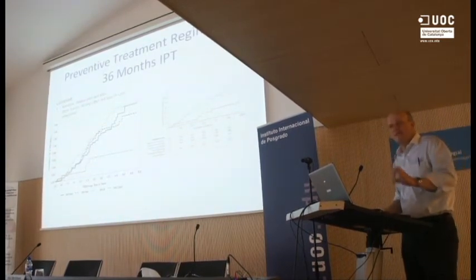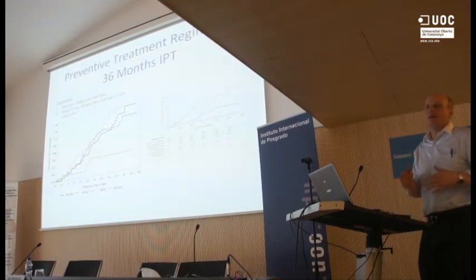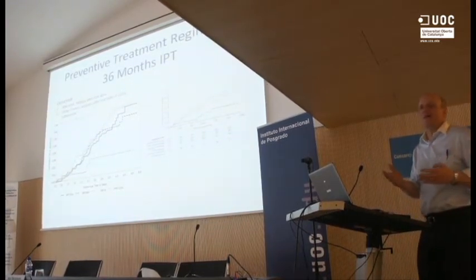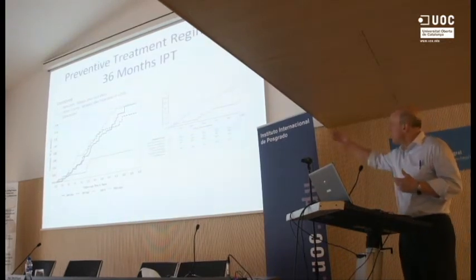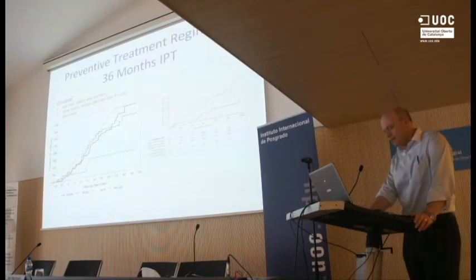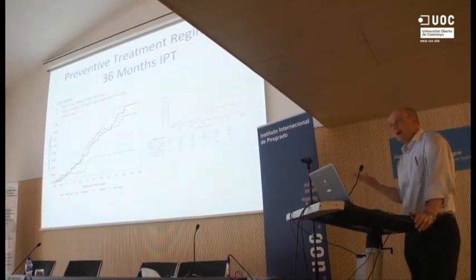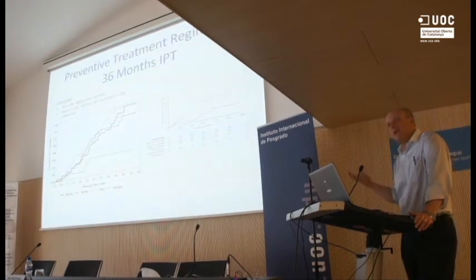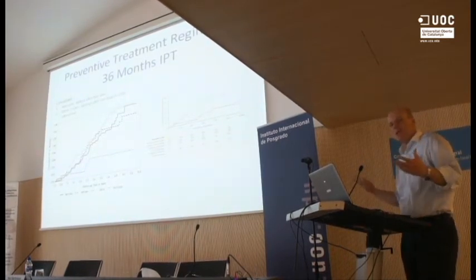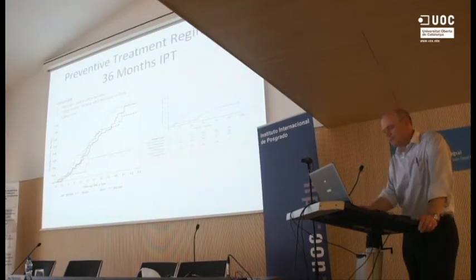The one thing they did find is that while the miners were taking their isoniazid preventive treatment, they were protected from TB, much like we found in our study and Taraz found in Botswana. It seems that if you're HIV infected in these settings with incredibly high pressure of infection, you need to take it for a long time.